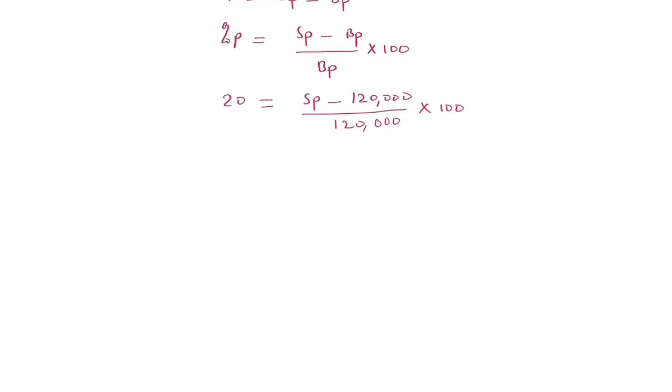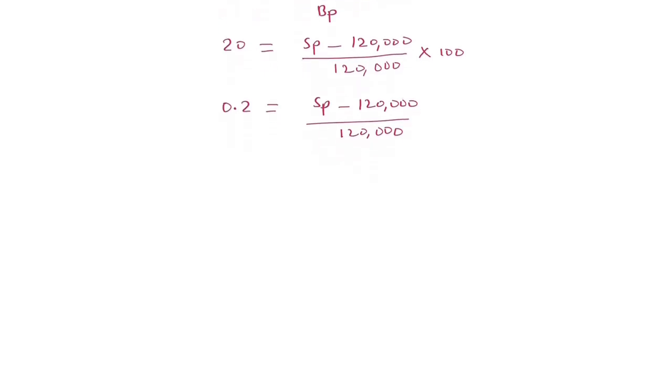Our equation is going to be 0.2 equals selling price minus 120,000 over 120,000. Let us now cross multiply this equation. Our equation is going to be 0.2 times 120,000 equals selling price minus 120,000.